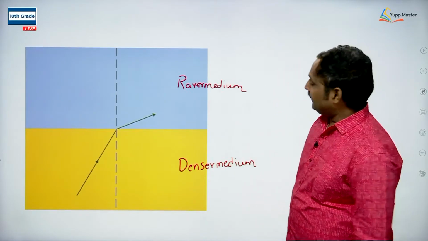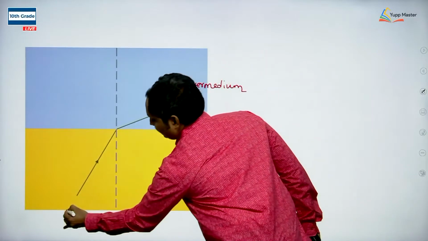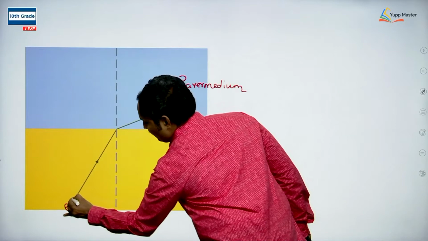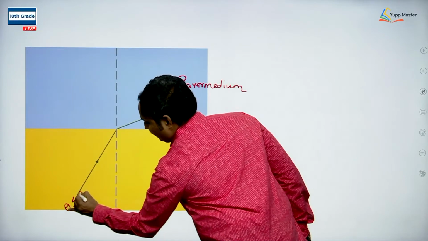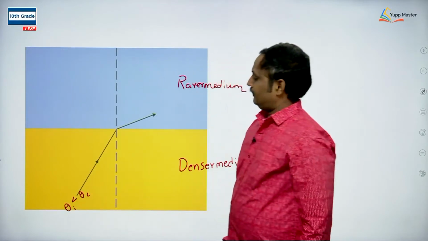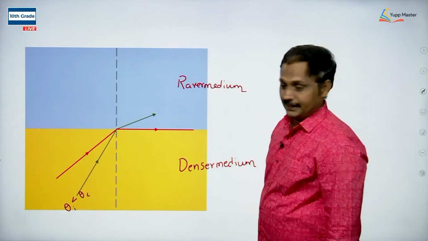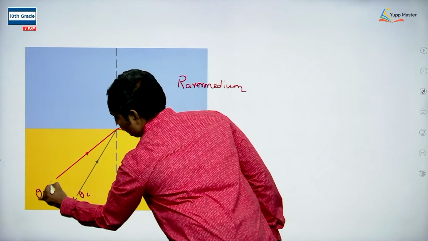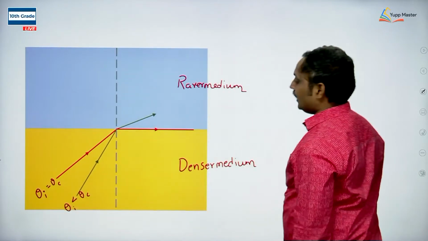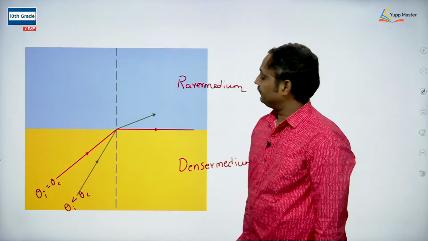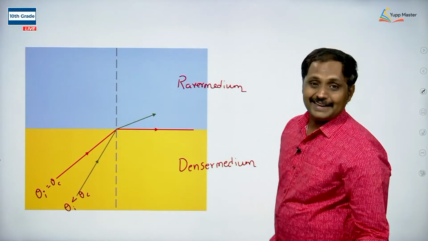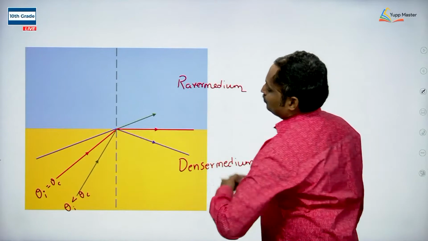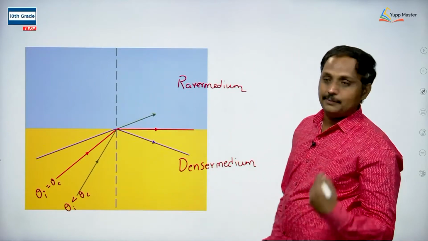Now what happens? Theta I is going to be less than theta C. If theta I is equal to theta C, what is theta I? Angle of incidence. Theta C is the critical angle, the suffix C indicates the critical angle. Again if you increase that angle, it is reflected.